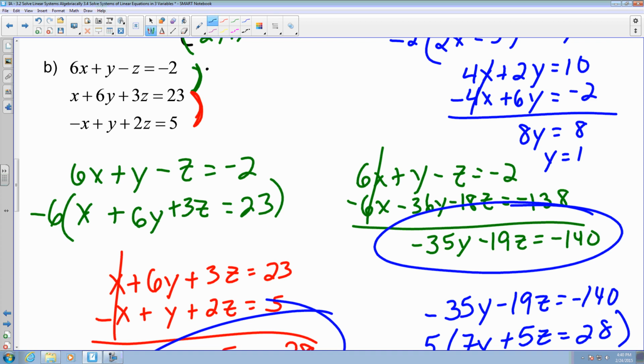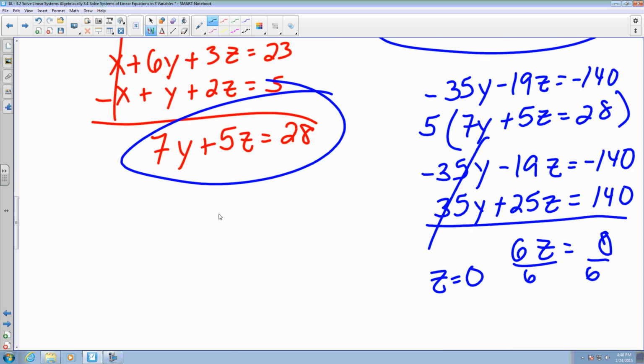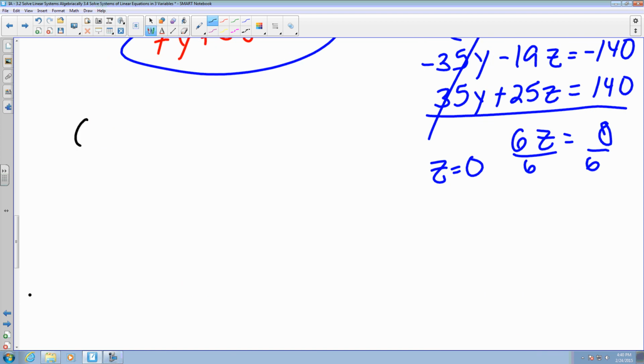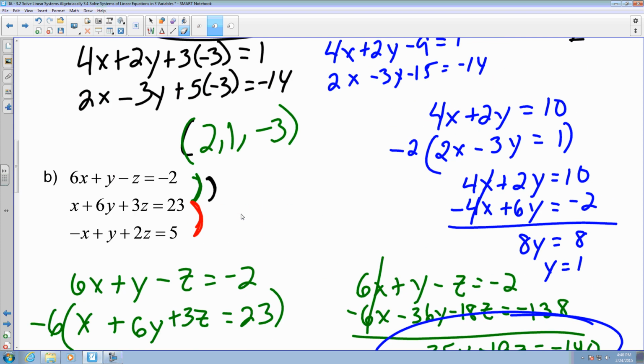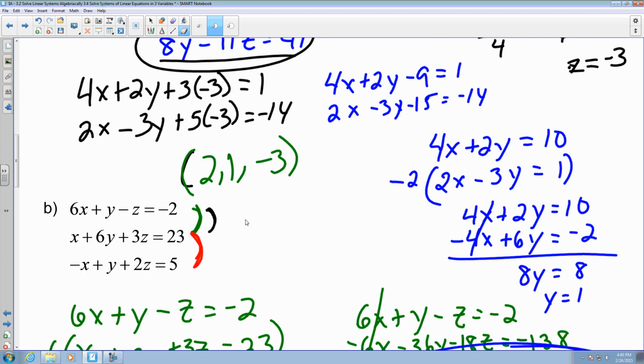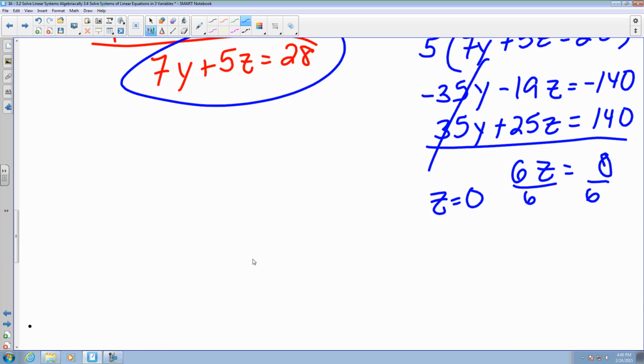So again, I can just pay attention to these two equations. And now that I know z is 0, I can plug it in. Actually, what I'm going to do is this. Since it was so easy with x and -x being opposite coefficients of each other, I'm actually going to use these two to help me solve it. Now that I know that z is 0, I can just rewrite this as x plus 6y, set equal to 23.